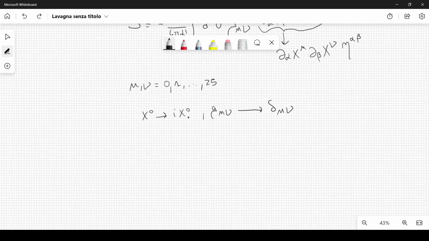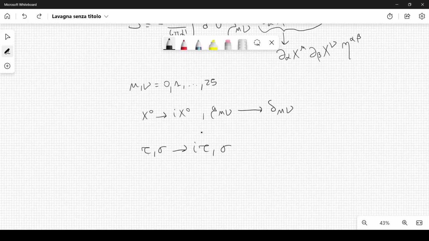And I will show you why also in the following, because we can also rewrite the integral by changing the variables tau and sigma to i tau and sigma. So sigma is left unchanged, whereas tau goes to i tau. i, of course, is the imaginary unit.